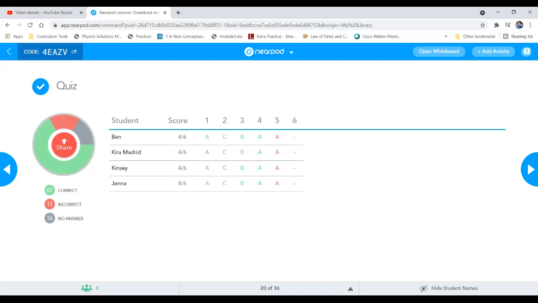Oh, we got that backwards. Yeah, so it should have been the cones. That's okay. That's something you can always read over. Kira, what's the last one?